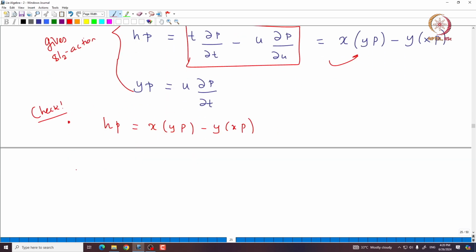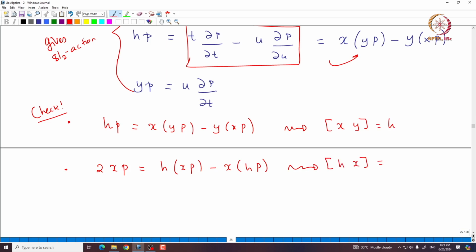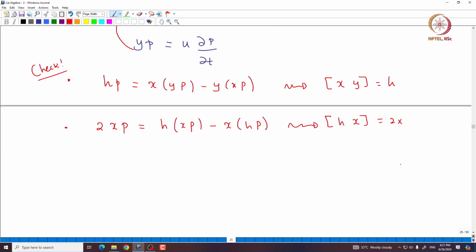The second one, 2xp should be exactly equal to h of xp minus x of hp. This corresponds to the bracket [h,x] being 2x, and similarly the last one corresponds to [h,y] being minus 2y.